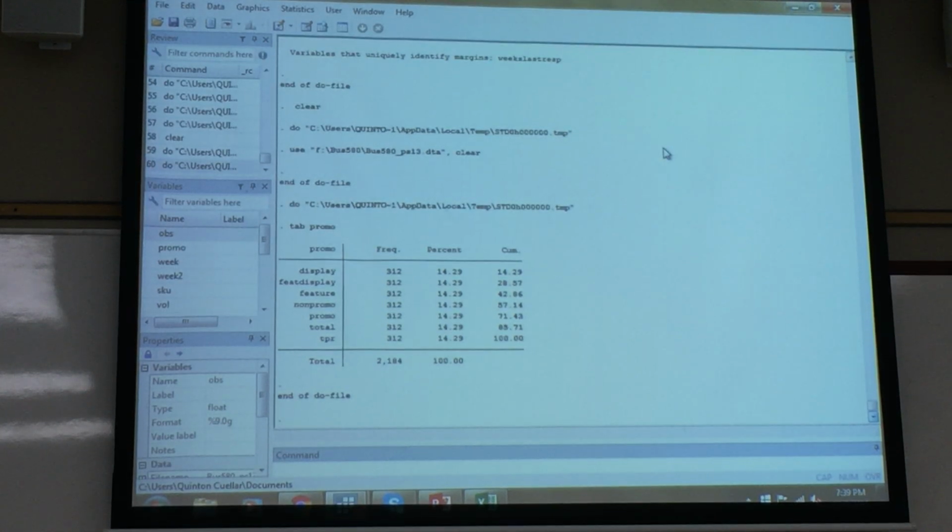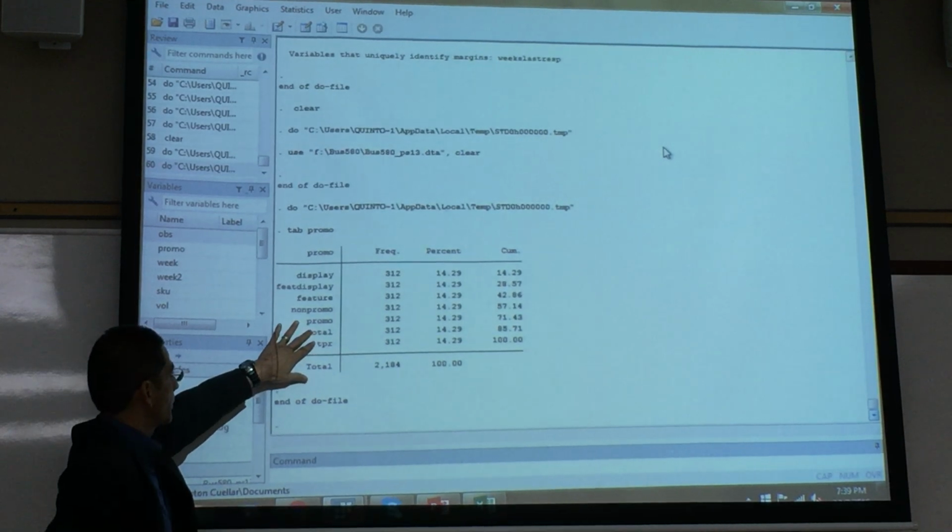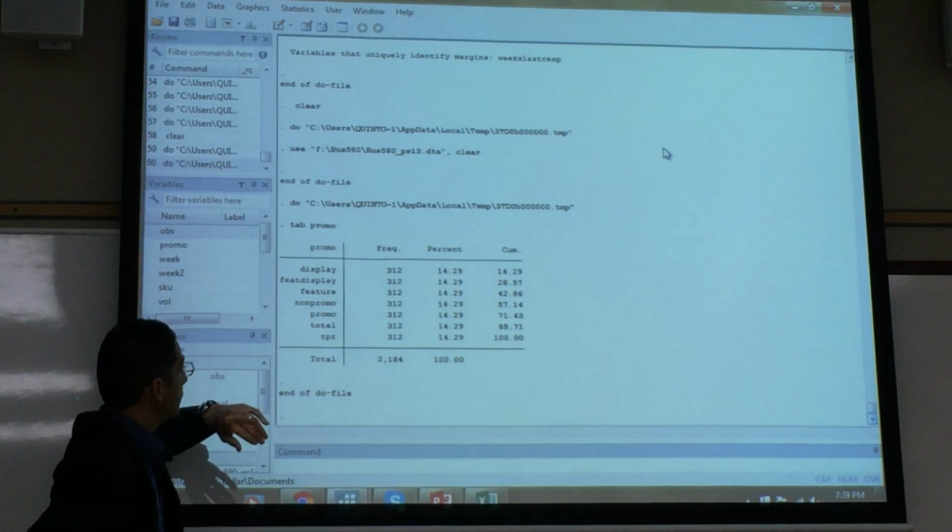Yeah, no, that's a resource. All these things have to be paid for. Sometimes, well, they're always paid for. And then total is just the combination of both promoted and non-promoted.